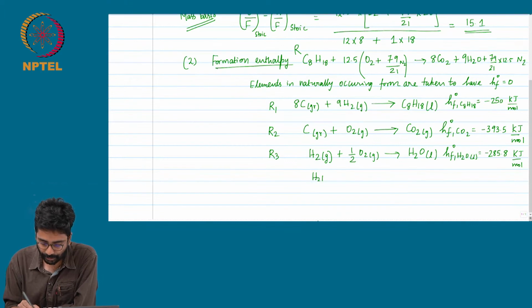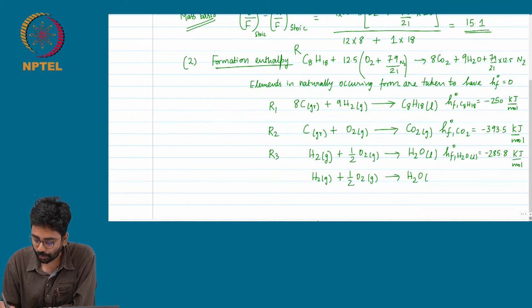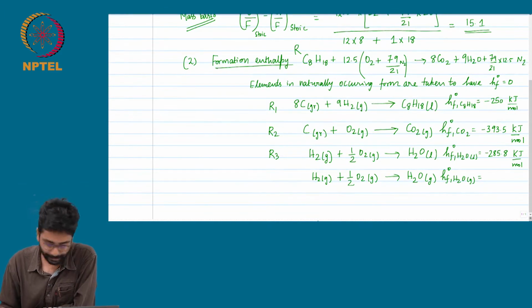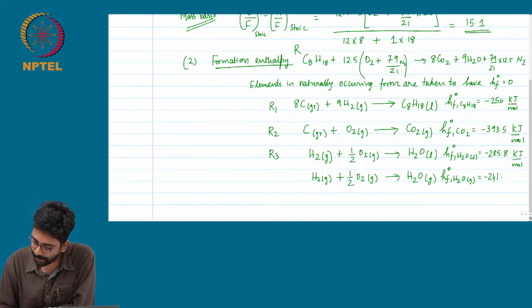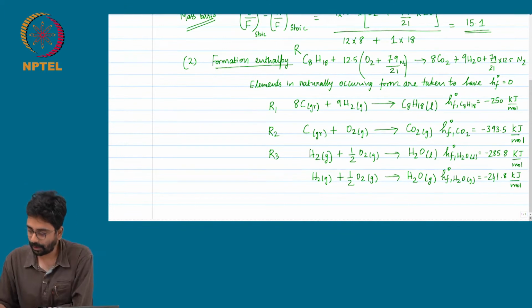Keep this other reaction also in mind. It's a reaction for steam formation, which is the same H2O but in gaseous form. The enthalpy of formation of this reaction, where the final product, water, is in steam form, is negative 241.8 kilojoules per mole.